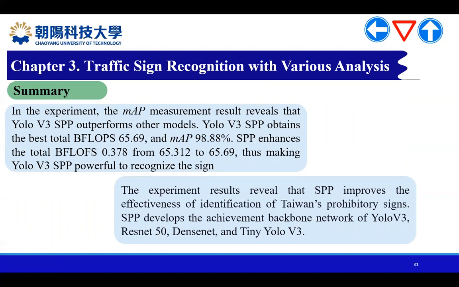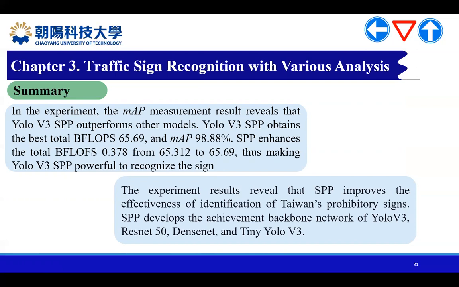Summary: in the experiments, the mAP measurement results reveal that YOLO V3 SPP outperforms the other models. YOLO V3 SPP obtains the best total BFLOPs of 65.69 and mAP of 98.88%. SPP can increase the total BFLOPs by 0.378, from 65.312 to 65.69.